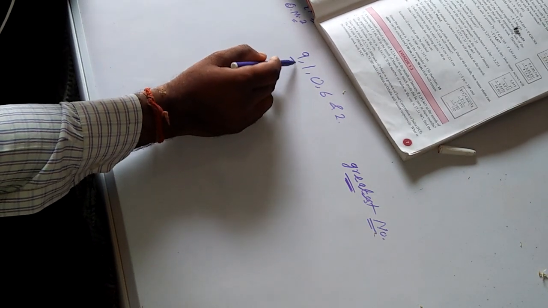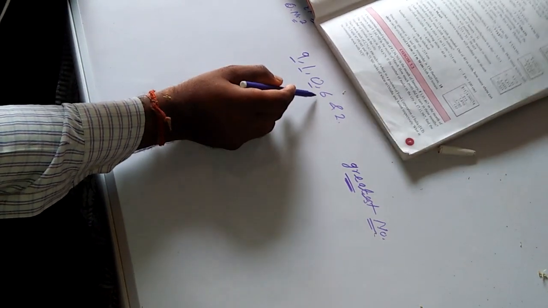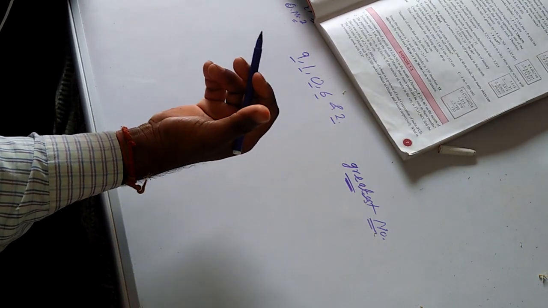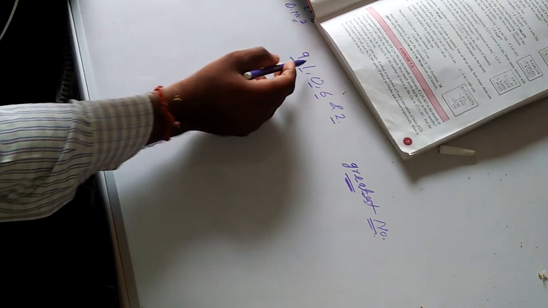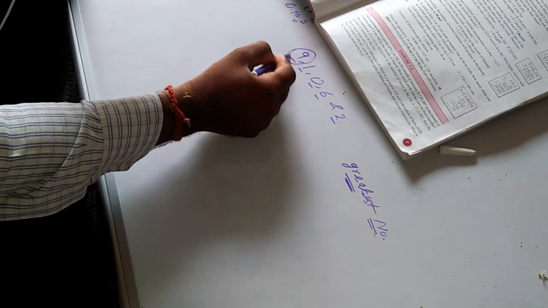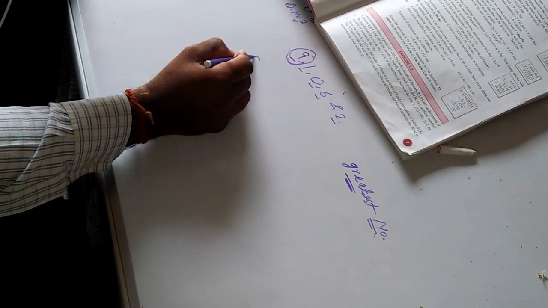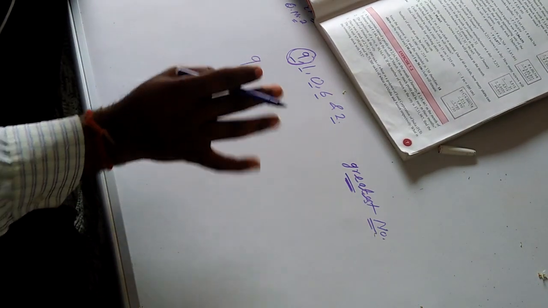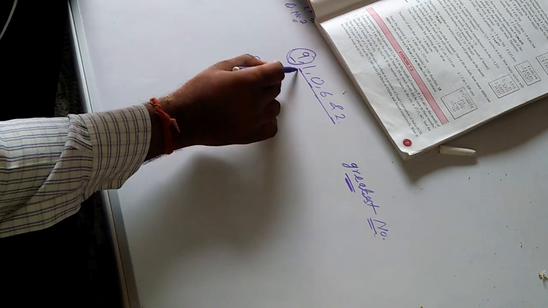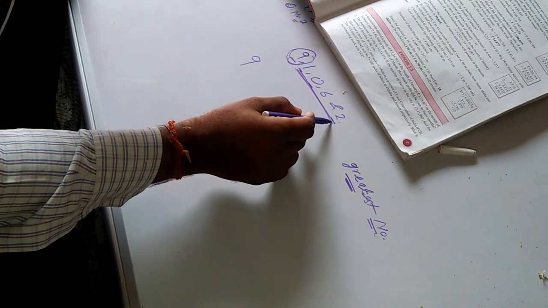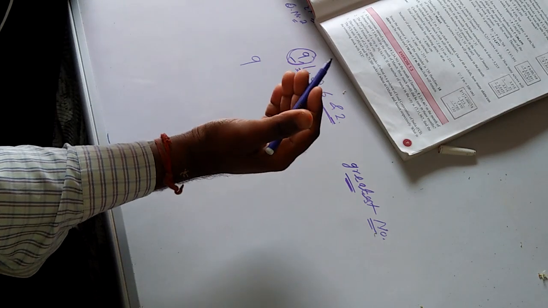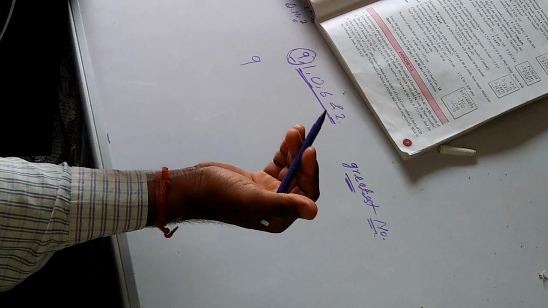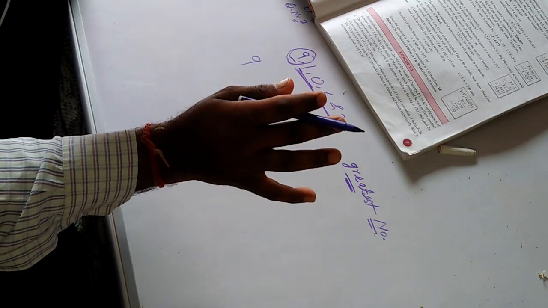So in 9, 1, 0, 6 and 2, which one is the greatest digit? This 9 is the biggest digit. So we have to put 9 here. After that, whatever digits remain, we have to put in descending order. So once again you should listen.